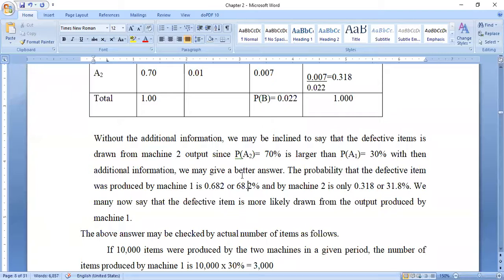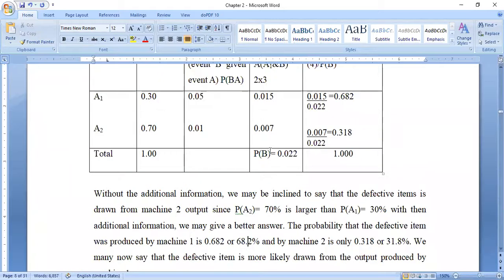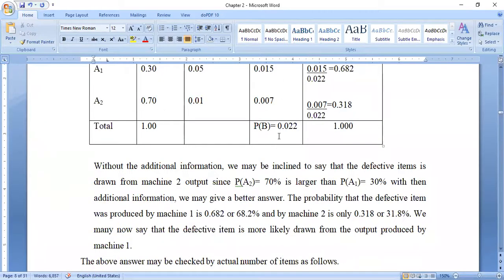Okay, when you observe the question, simply we can say that the defective items produced by machine 1 is 5% and machine 2 is 1%.